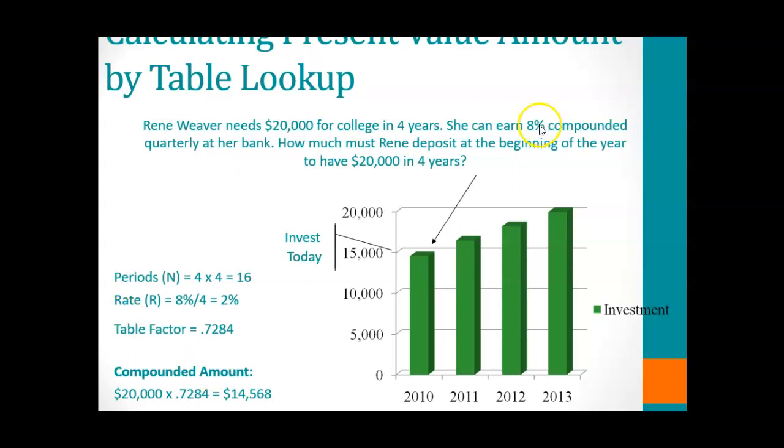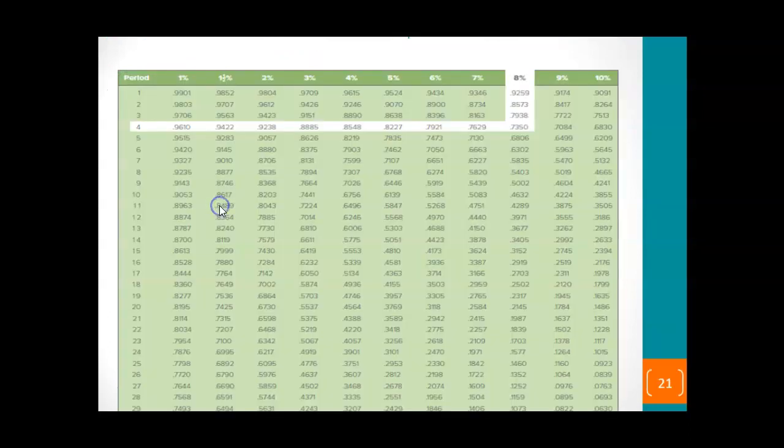So, if you were to invest today 14,568, that's here, leave it in the account for 4 years, earn an interest of 8% annually, but we're going to compound interest quarterly. At the end of 4 years, you will have in the account $20,000. So we can use our present value tables to determine the present value of a future amount.